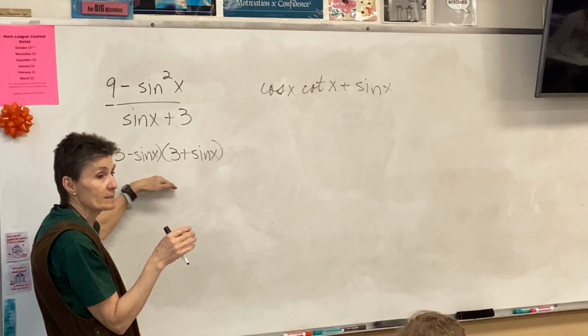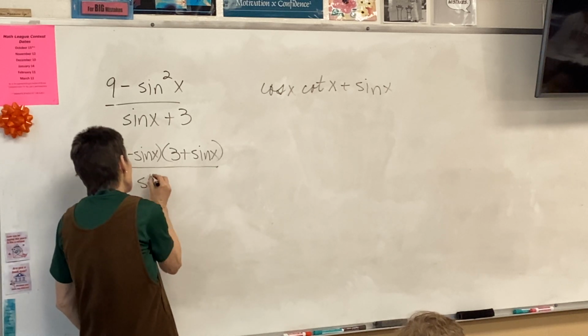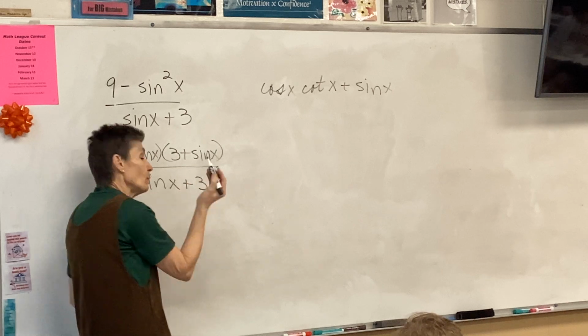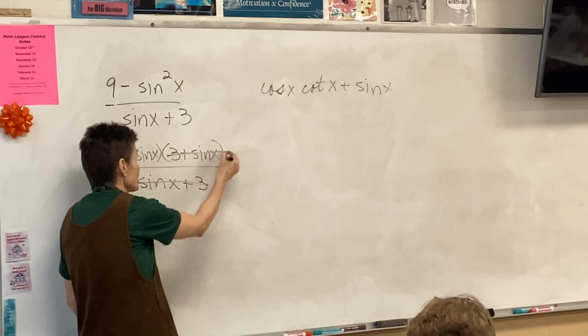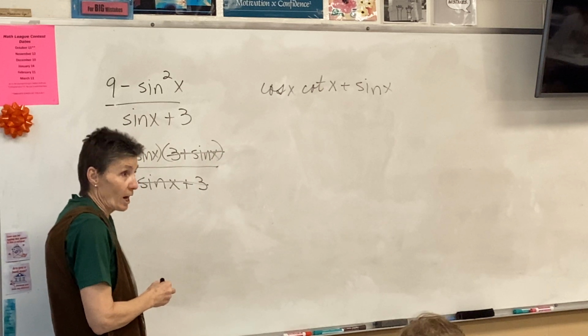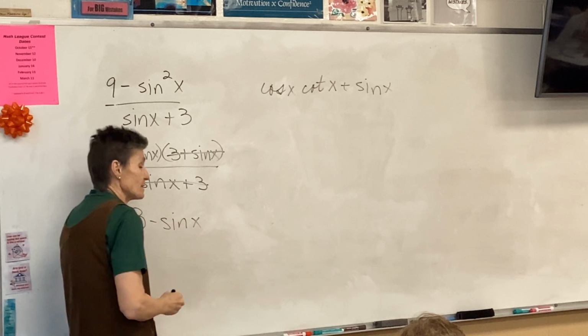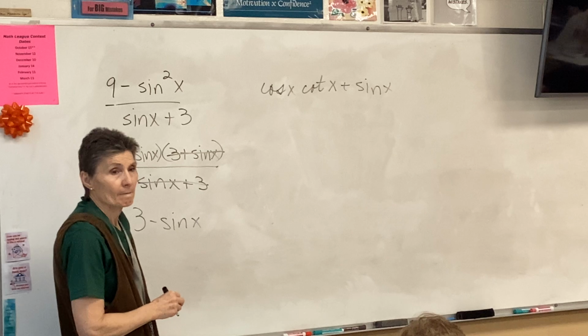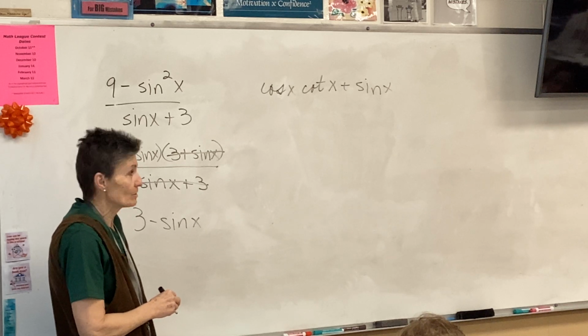It's the difference of squares. Now, the minute you do that, what do you notice? These are the same, aren't they? So your job was to simplify. This is it. That's what it simplifies down to. That's it. That's all there is to it.